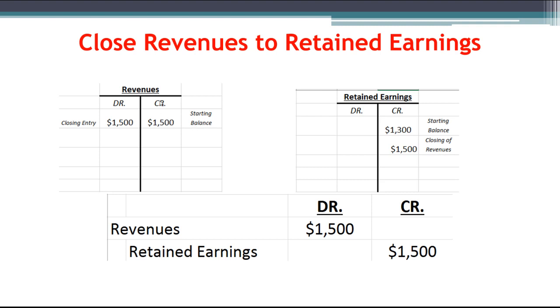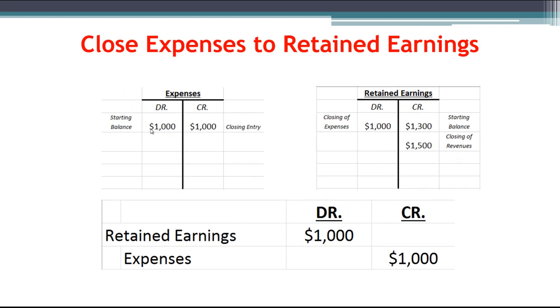So if it had a $1,500 credit balance to start with, we've got to debit that account for $1,500, and that'll zero the account out. So the entry will be to debit revenues for $1,500. You see down here, the credit for $1,500 will go to retained earnings, which essentially moves that credit from revenues over to become a credit for retained earnings. But here's the journal entry that does that.